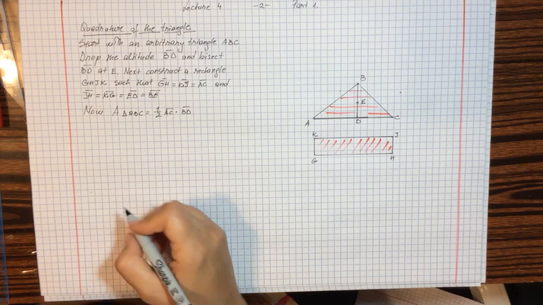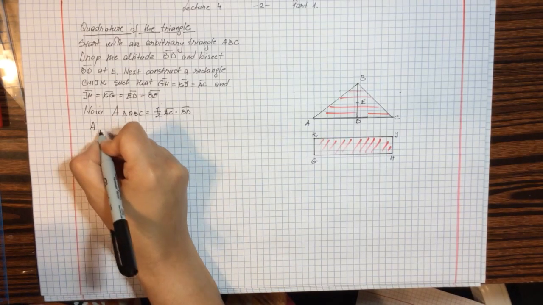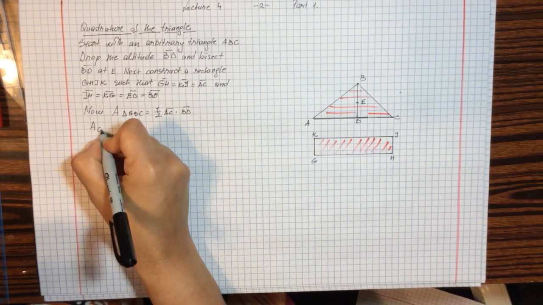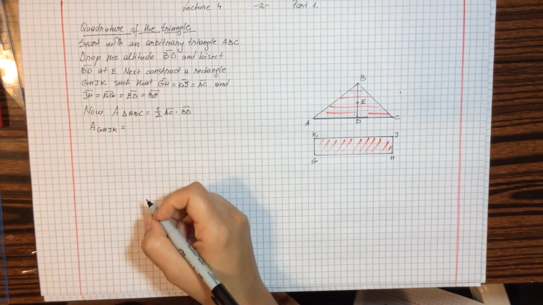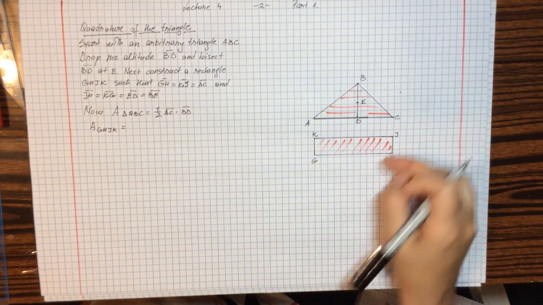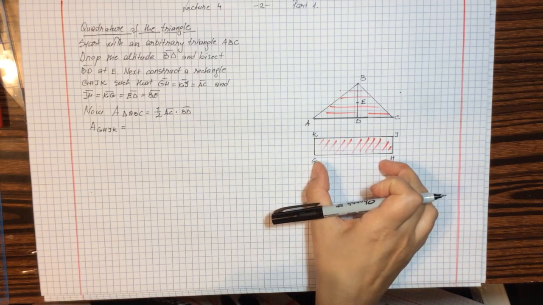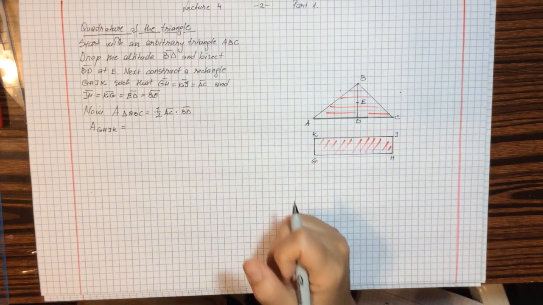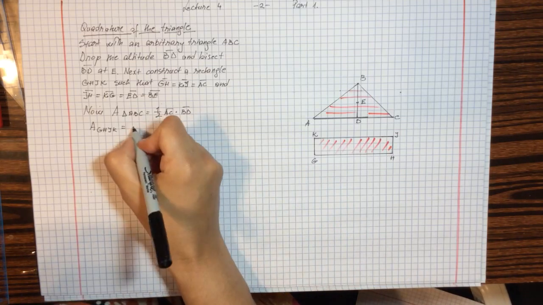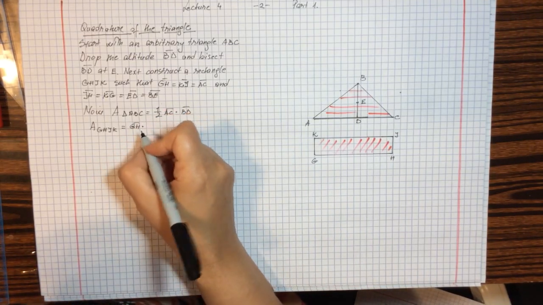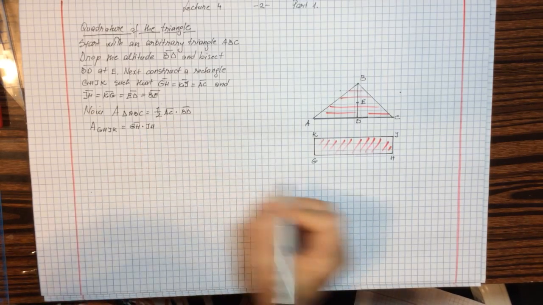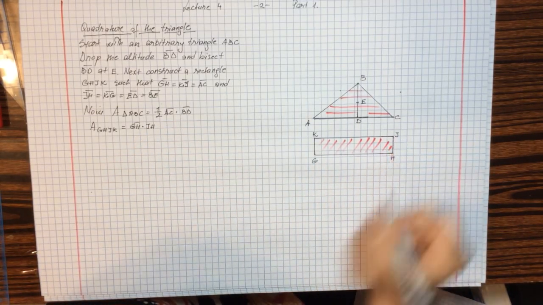Okay. And also area of the rectangle GHJK, we know that to be base times height, or length times width. So it is the length of GH times the length of JH. GH times JH.